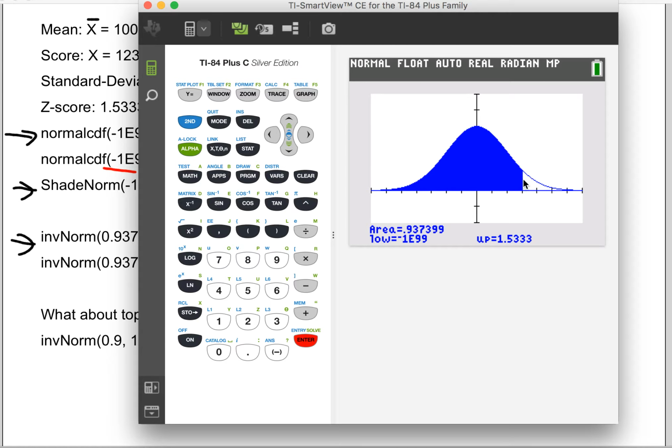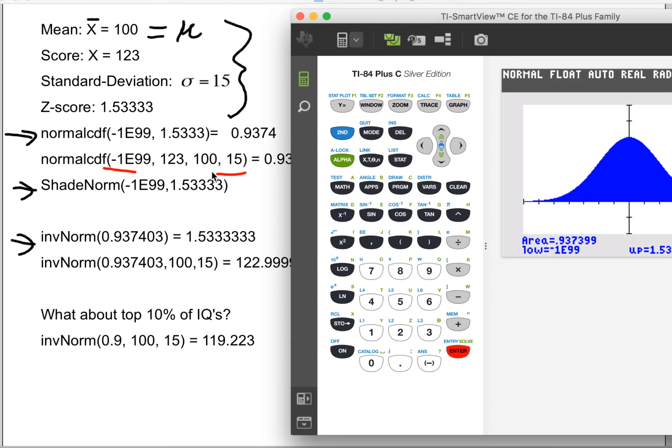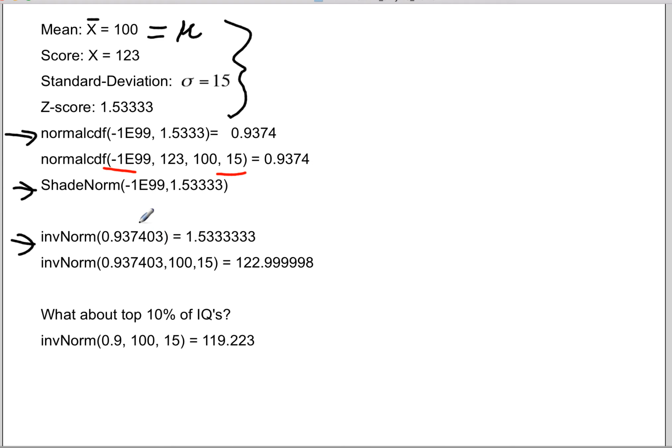At 1.533, or your IQ of 123, this many people are below you, this many people are above you. Okay, and inverse norm just does the reverse. If you put in your percentage, it'll give you the score or the standard deviations, and you can practice with those.